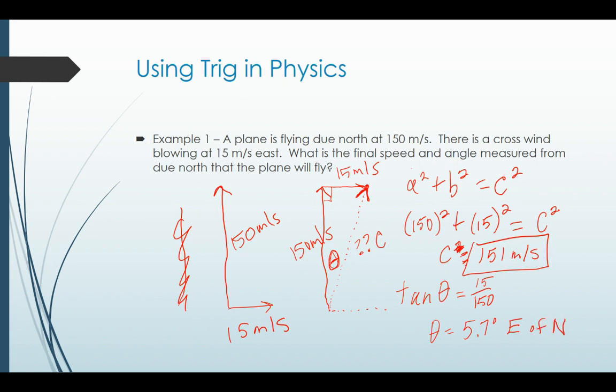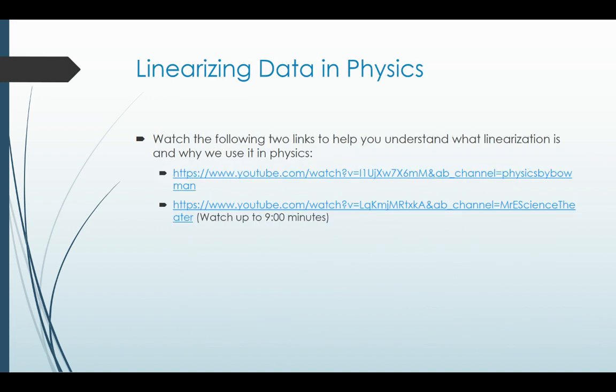Now they are asking us to put that degree relative to the due north direction, but I still want to be specific enough to say this is 5.7 degrees measured east of the northern direction. So the plane is traveling at 151 meters per second at an angle of 5.7 degrees east of north, because you could also subtract that from 90 degrees and say it's that much angle north of east. So you have to be very specific with your angles.